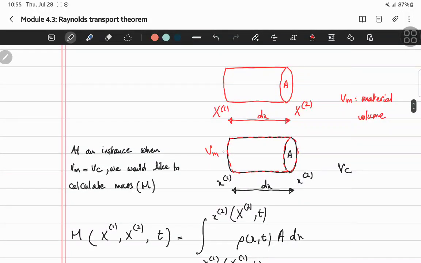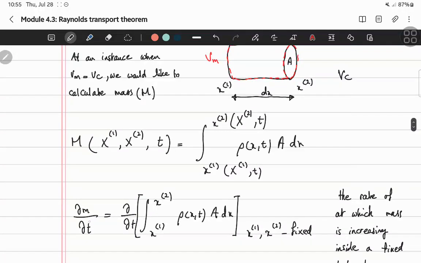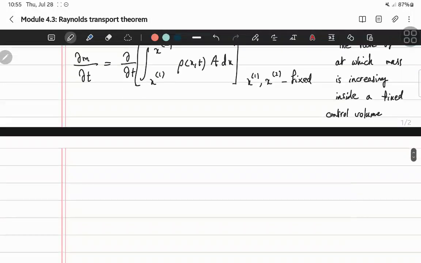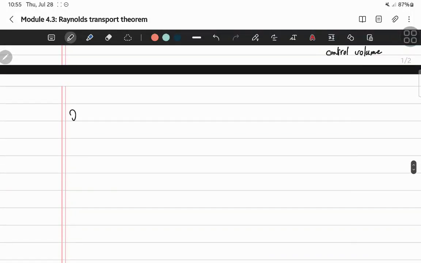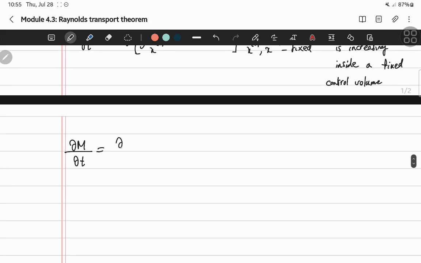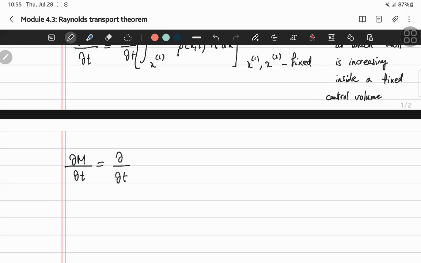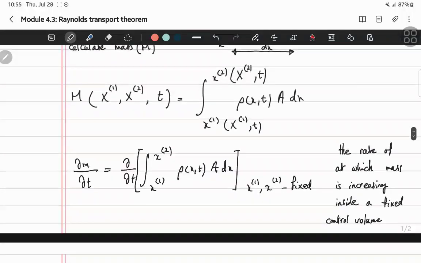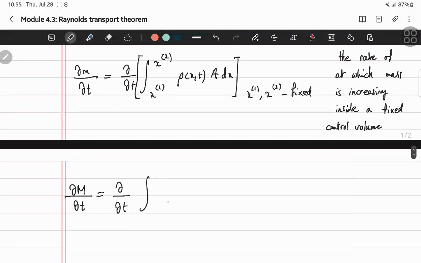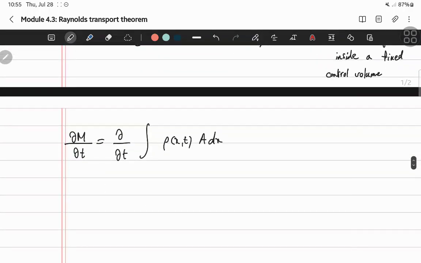And then at the instance when Vm coincides with Vc, we are able to replace this m with this expression in here. So the partial derivative of capital M with respect to t is equal to the integral of rho of x and t, A dx.